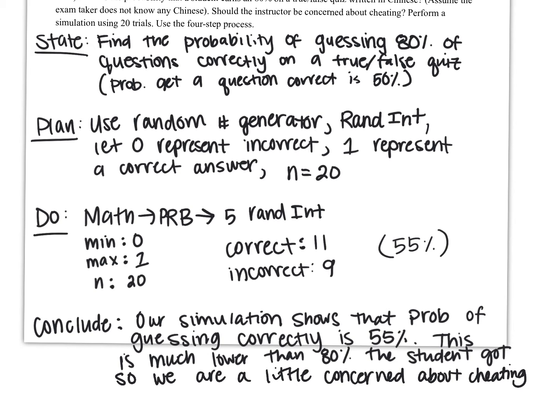So, I mean, it's not as grievous as saying, like, if in my simulation of 20, I had gotten 4 correct and 16 incorrect, I would say the teacher should be very concerned about cheating. So, depending on what your simulation shows, there's not one correct answer for the conclude part, because it's all based on what your simulation shows.